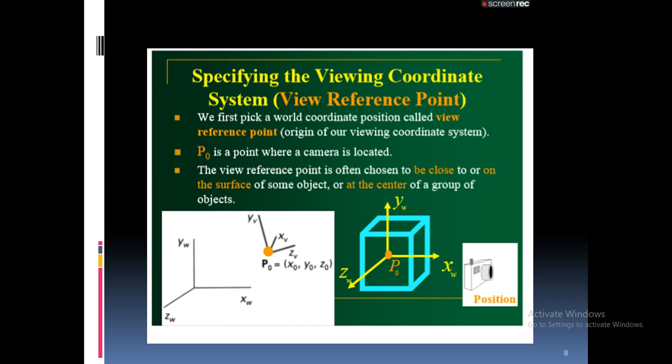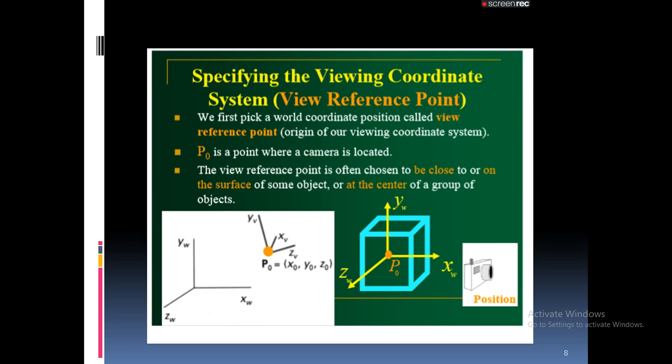When I am taking the group photo for the 11 members, among them I will select the middle member as my reference point. I will take the middle member as a fixed point or reference point. From that reference point only I will capture the image, so that all 11 members can fit within that snap. This is one real life example I have given.